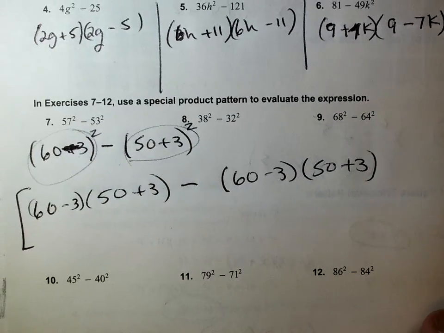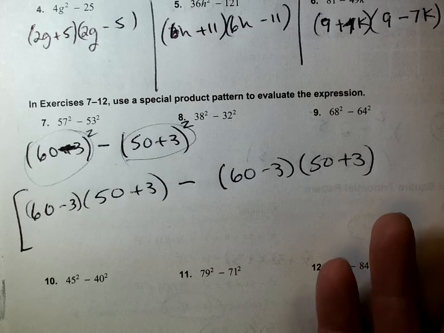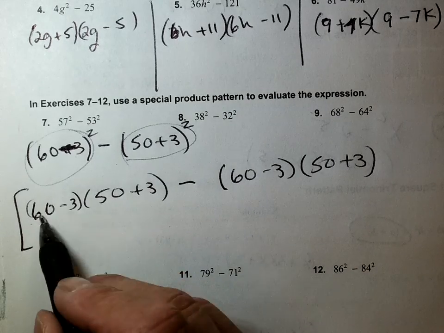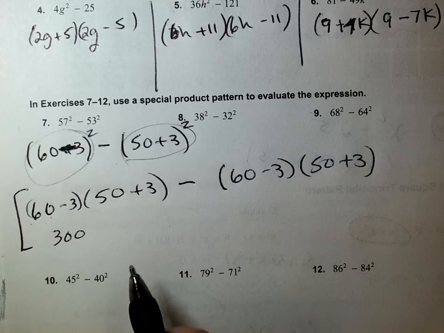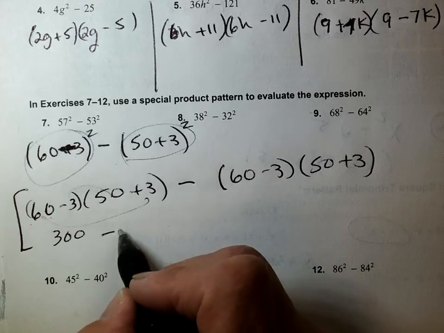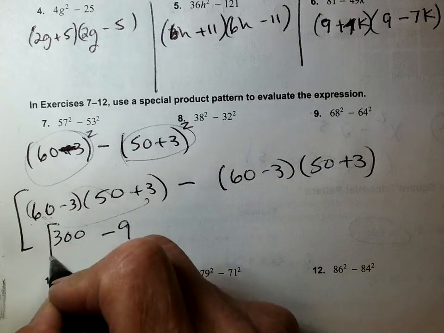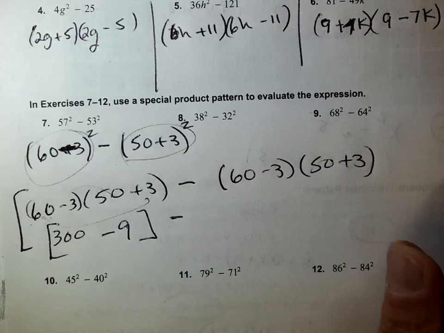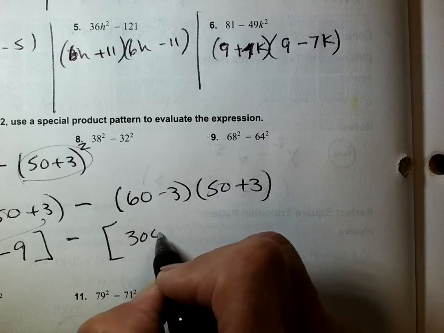Okay, let me keep going with this, okay? Because you probably will not do this. You probably just use a calculator, agree? But let me keep going with this. So I would get 300. And then this and this would cancel. Minus 9. And then I'd get a 300, right?